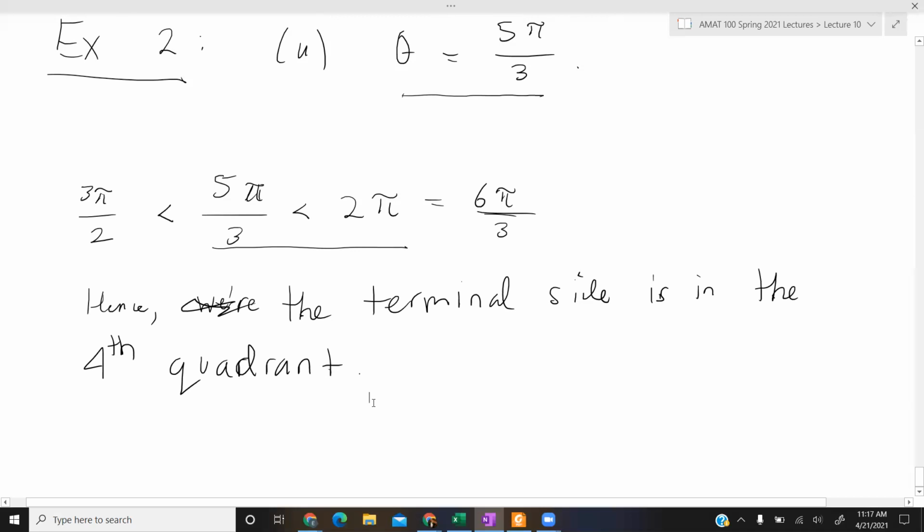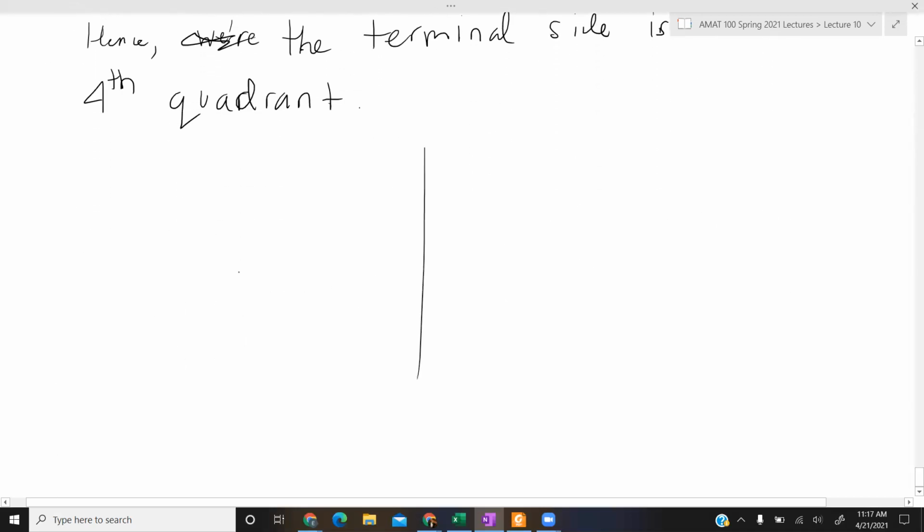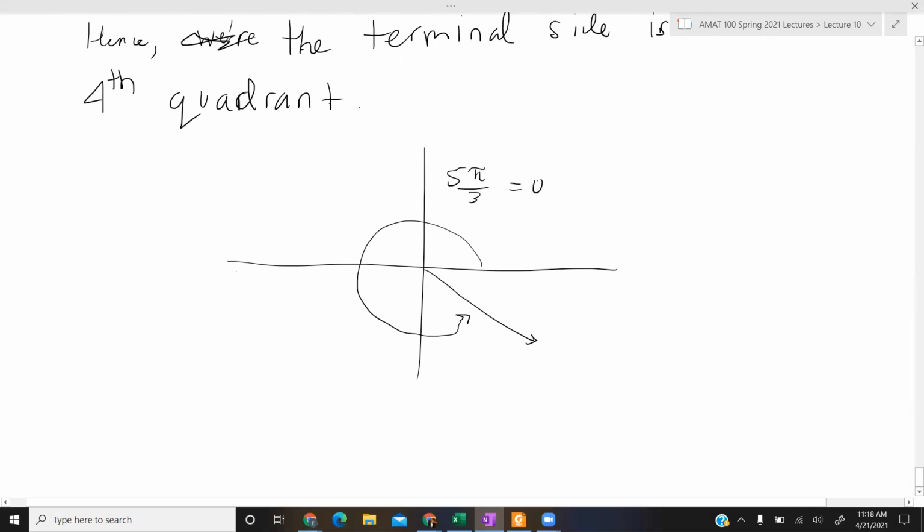So let me draw that. We rotate it like this. So this is 5 pi over 3. This angle we rotate is theta, and this right here is going to be theta bar.